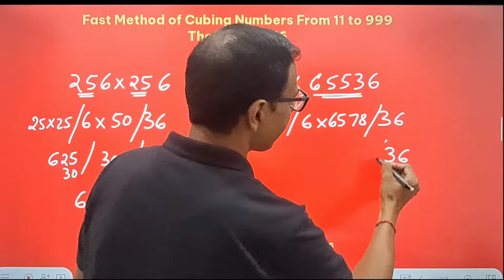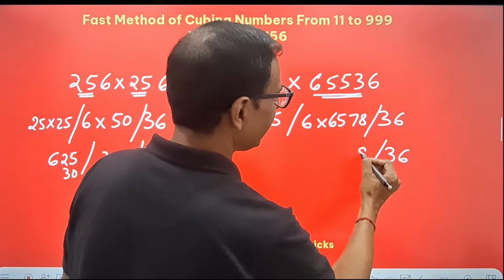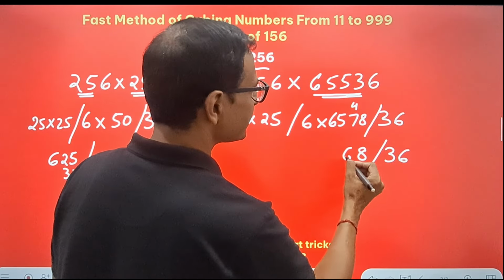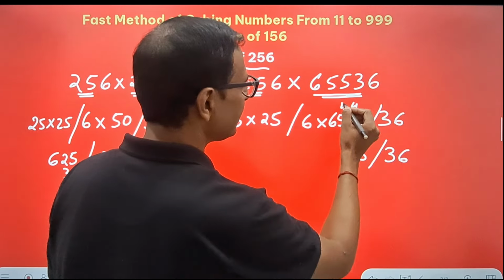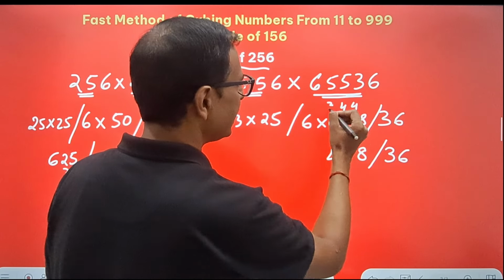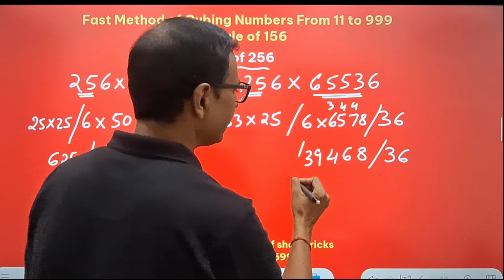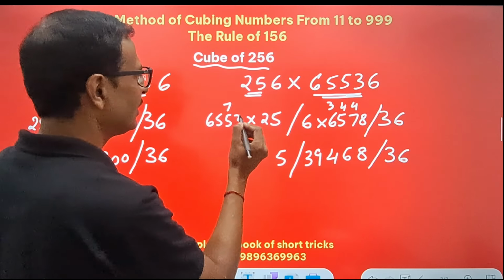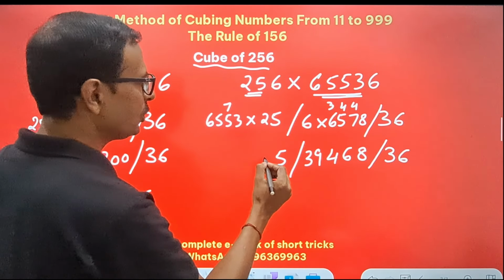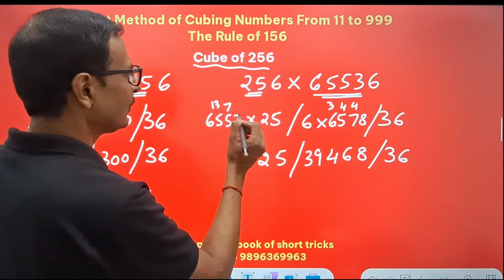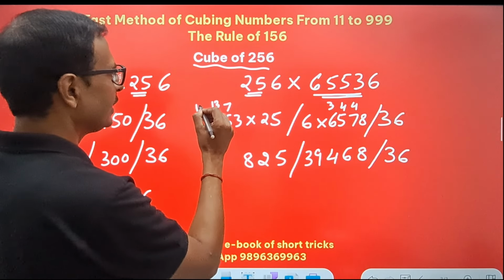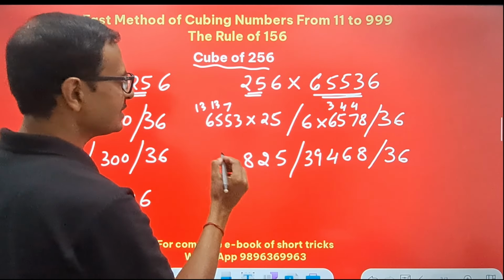So 36, 6 8s are 48, 8 4 carry, so 42 and 4 46, 6 4 carry, 6 5s are 30, 34, 4 3 and 39. So here we have the number in the middle. 25 3 times is 75, 5 7, 125, 132, 2 13, 125, 138, 8 13 and 150, 163.